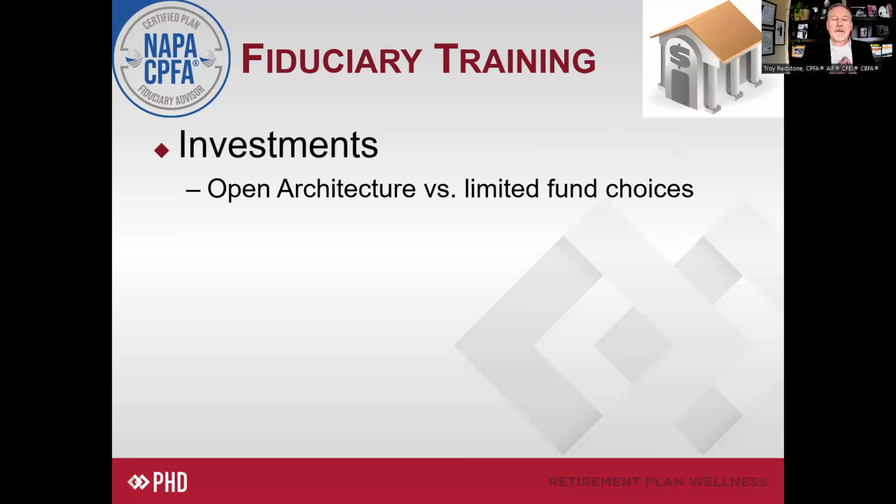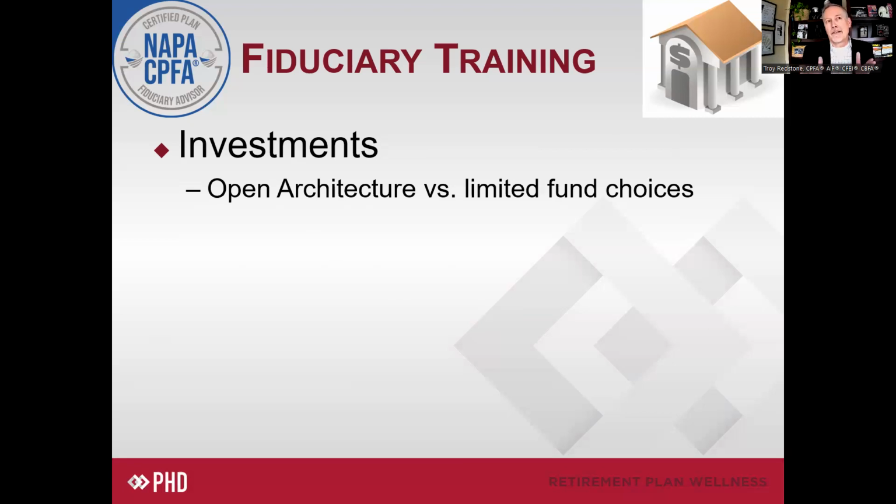So there are literally tens of thousands of investments that are available through the various stock markets. And so a record keeper will either have a limited fund choice, or even sometimes I'll hear record keepers say, oh, we're open architecture, but you really can't find every single available investment on their platform.